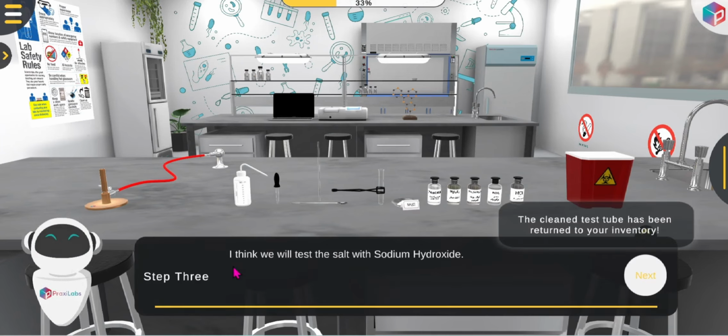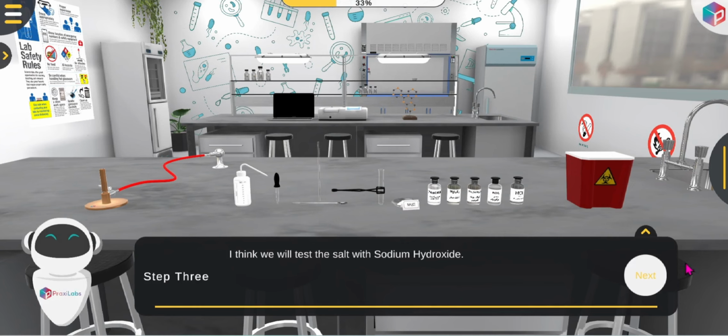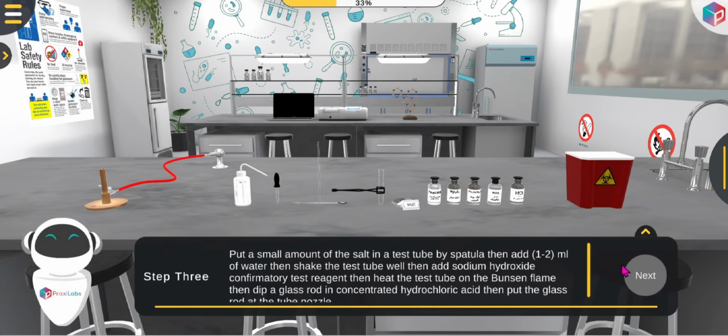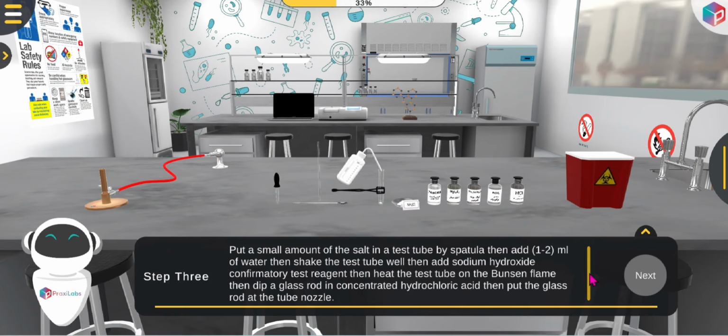Step 3. Put a small amount of salt in a test tube by spatula. Then add from 1 to 2 milliliters of water. Then shake the test tube well.